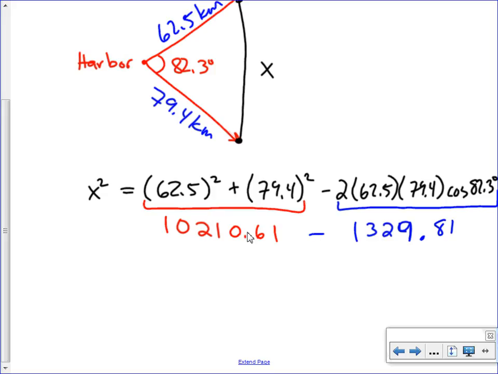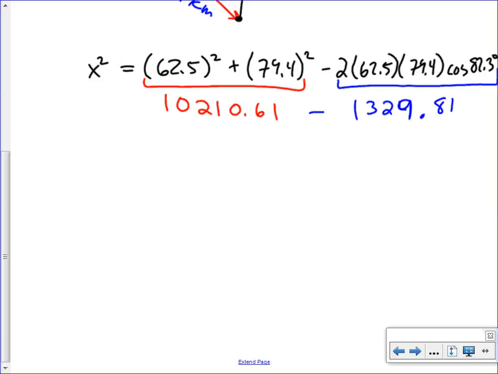Now, when you subtract, remember this is still x squared. So you just type in 2 times 62.5 times 39.4 cosine 18.3. What did you get? Are you in degrees? Did you type in the whole thing?